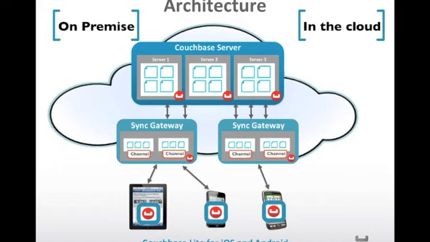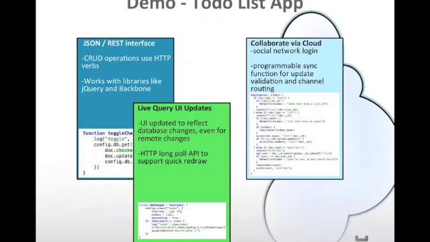The demo is really designed to show off CRUD operations on the embedded database on the device. So I'll launch this demo app and do some data interactions with it that are all purely local. Then I'll log into the cloud via Facebook in this case, and I'm logging into Couchbase Cloud, where it'll pull down all my existing data from my having used this app in the past.